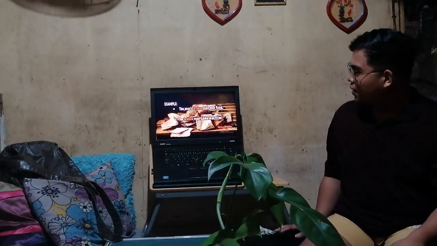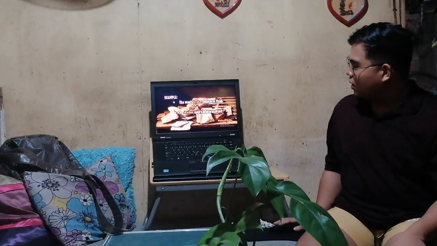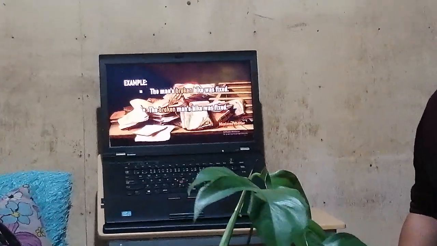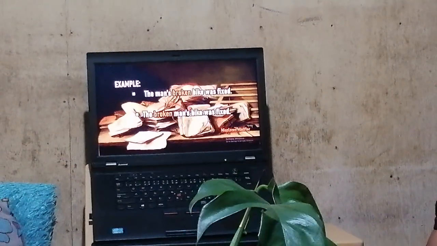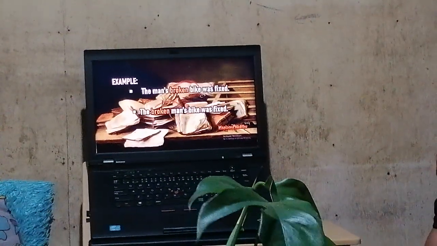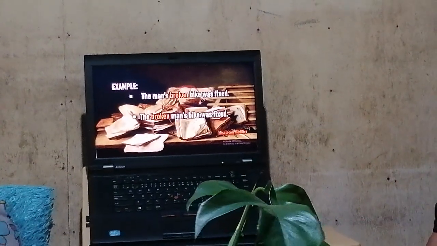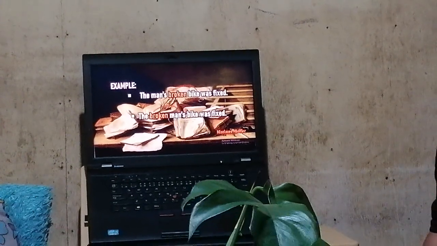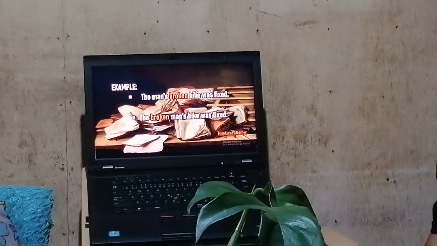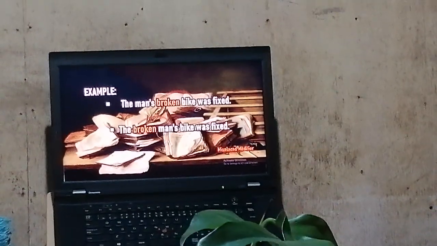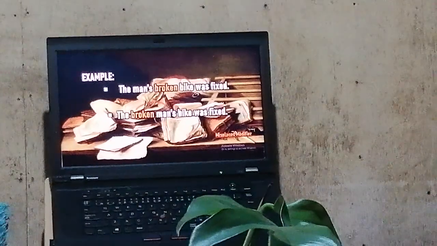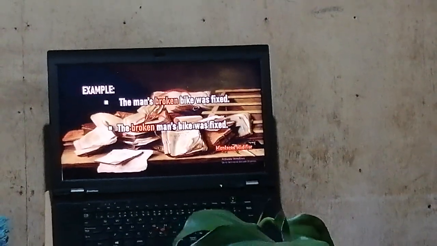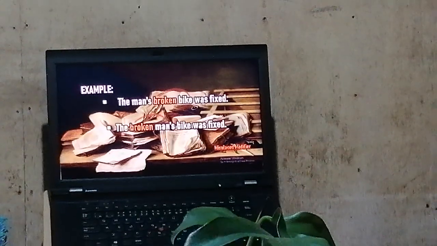In the first sentence, broken modifies the word bike, which means that what is broken is the bike, and it was fixed. And in the second sentence, the word broken modifies the word man, which seems to be unusual because it says in the statement that the broken man's bike was fixed.